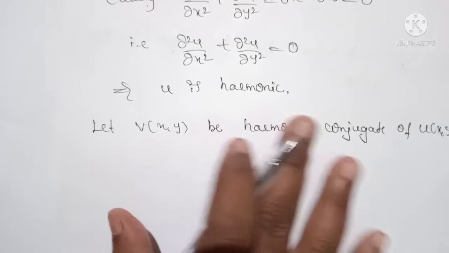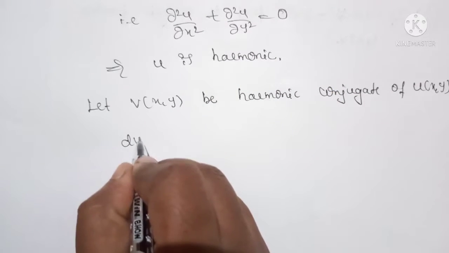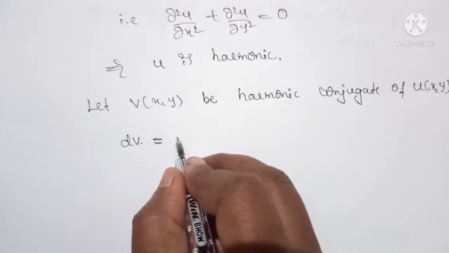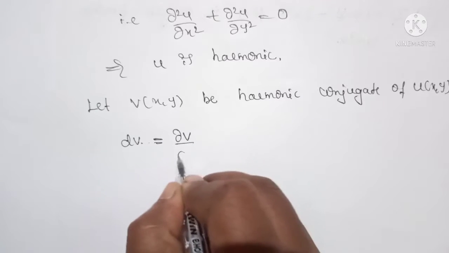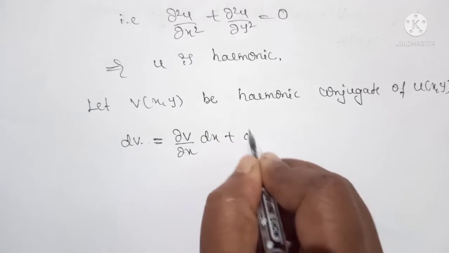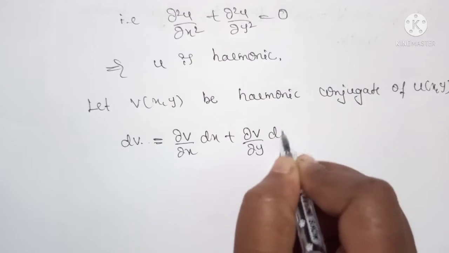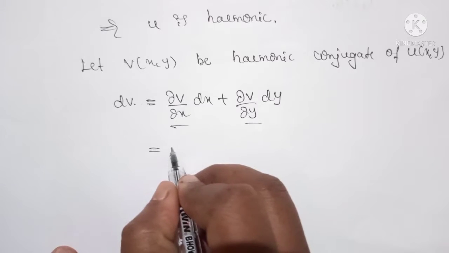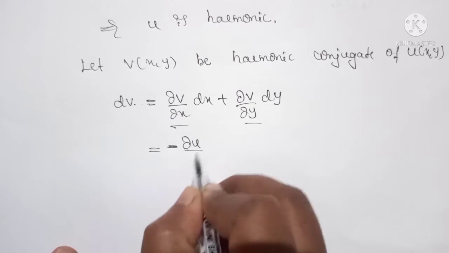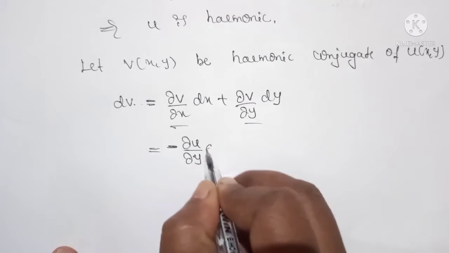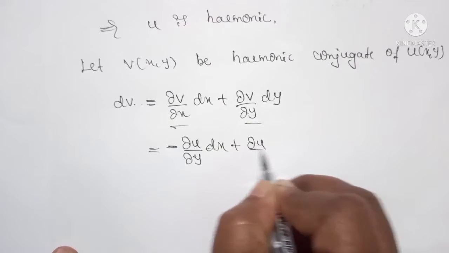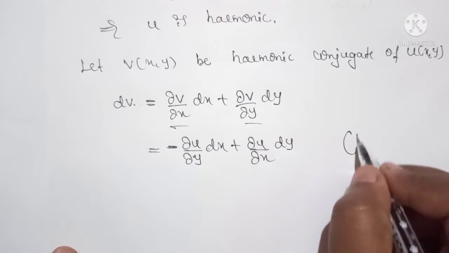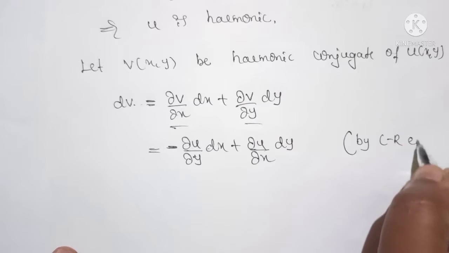Then in the second step we write the total derivative of v, that is dv, which can be written as dou v by dou x dx plus dou v by dou y dy. Now we replace these partial derivatives in terms of u, that is minus dou u by dou y into dx plus dou u by dou x into dy. These are from the CR equations.